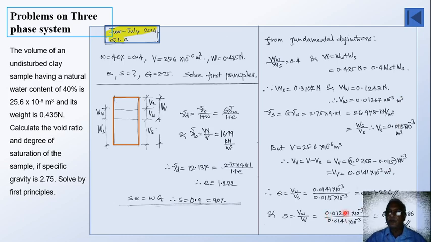This is volume of water. Volume of voids already found here. I can put it there. So the ratio, degree of saturation, comes out to be almost 0.9. So it matches with the value that we have already found. Okay, there we'll stop.